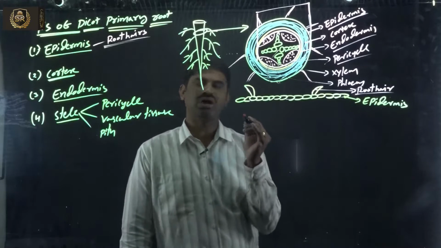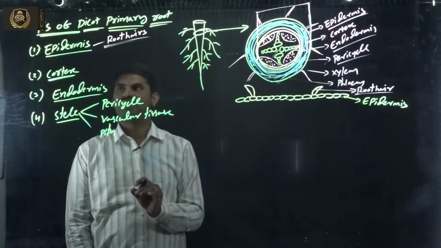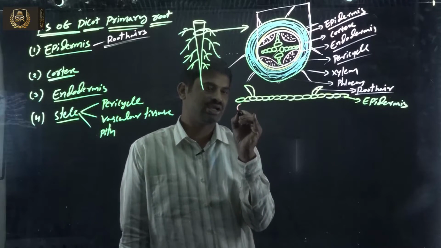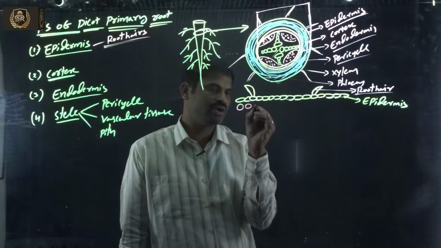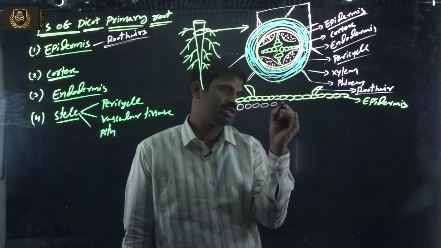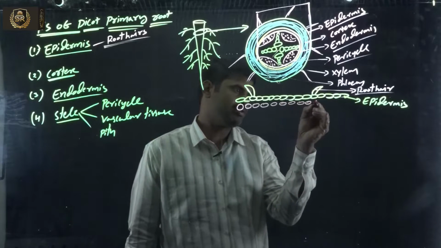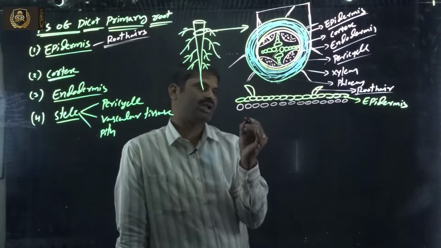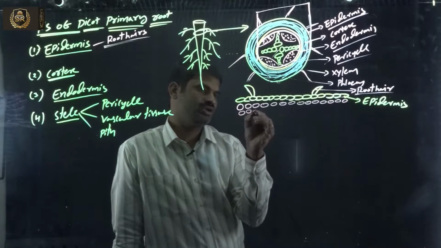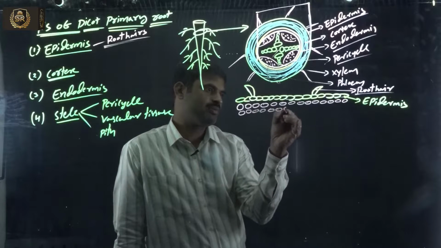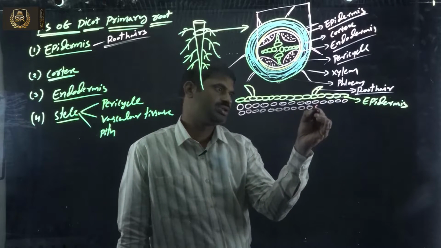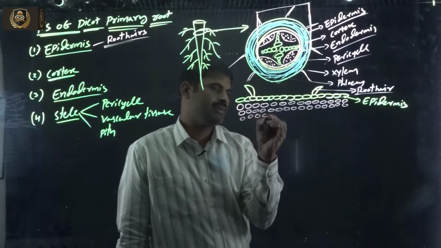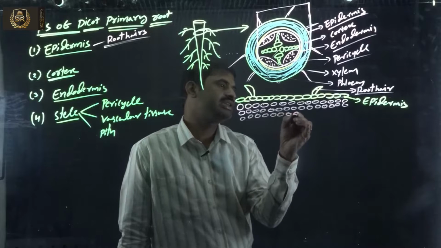Next one, below the epidermis and above the endodermis, that part is called the cortex. Cortex is made up of parenchymatous cells. It is a multicellular, multiseriated structure.